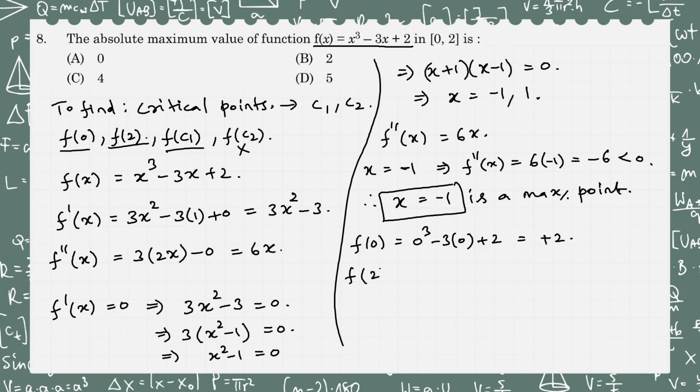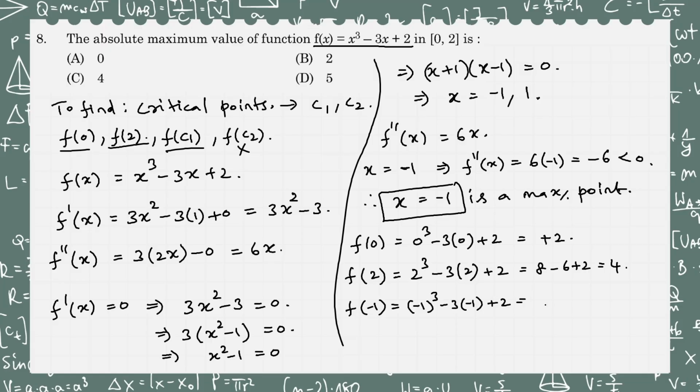And f of 2 will be 2 cube minus 3 times 2 plus 2, which is 8 minus 6 plus 2, which is 10 minus 6, which is 4. And f of minus 1 will be minus 1 to the power 3 minus 3 times minus 1 plus 2, which is minus 1 plus 3 plus 2, which is 5 minus 1, 4.